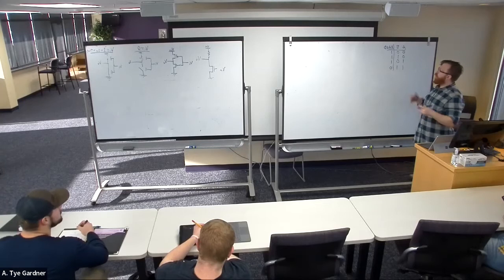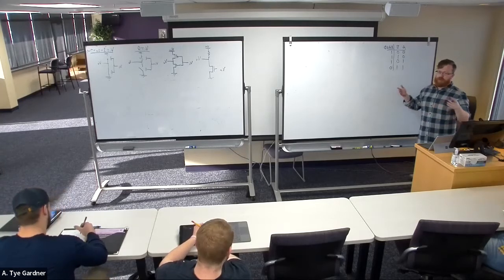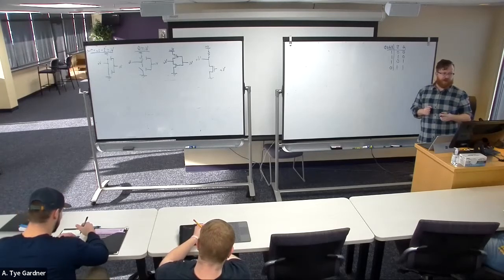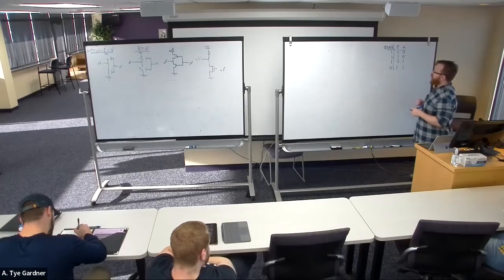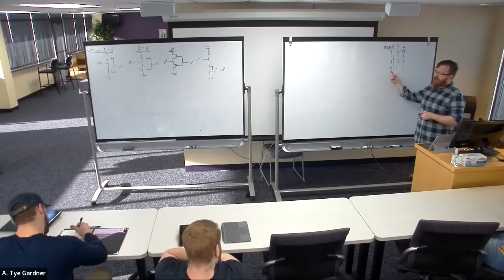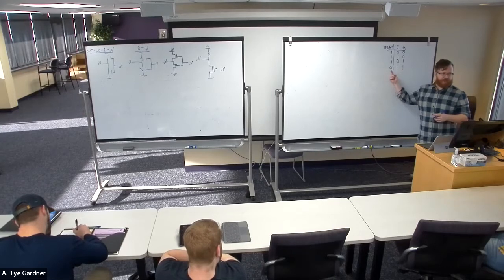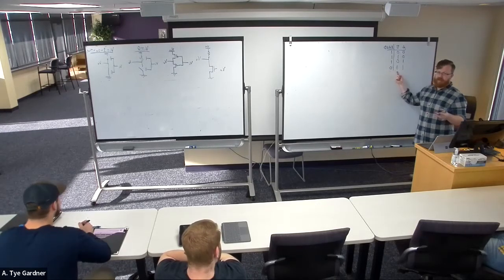Now we can choose: should we build the pull-up or the pull-down network first? What is more interesting to us? It turns out the pull-down is probably easier, because there's only one situation in which we want to be connected to 0, and that is if I have a 1 and a 1.